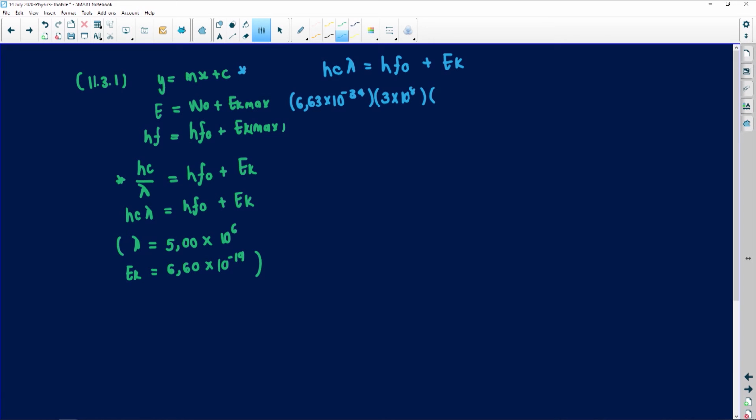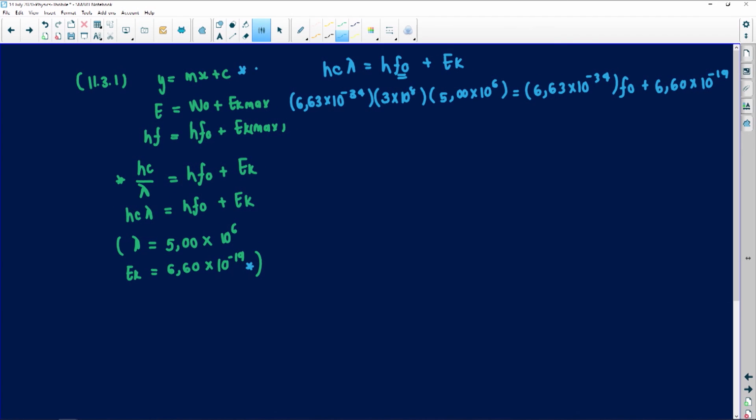My lambda that I'm working with is 5.00 times 10 to the exponent 6. It's equal to h is a constant, which is 6.63 times 10 to the negative 34. I am looking, they said I must calculate the threshold frequency, plus I've taken my EK, remember of that point, where I've got 6.60 times 10 to the negative 19.